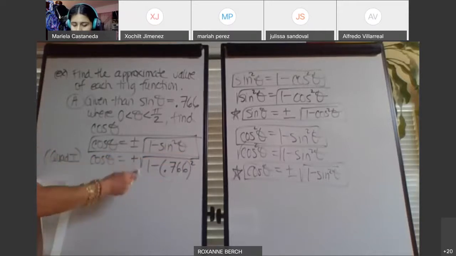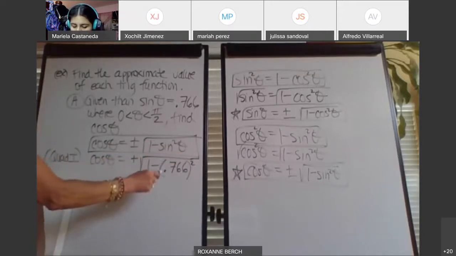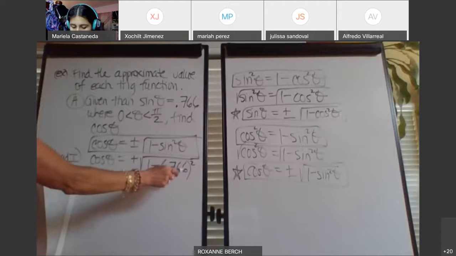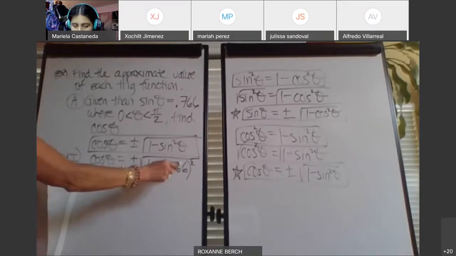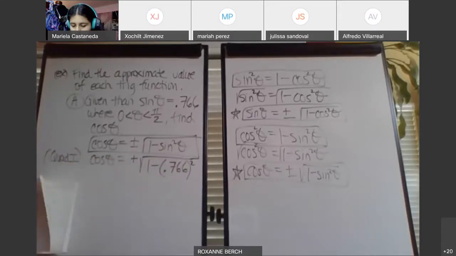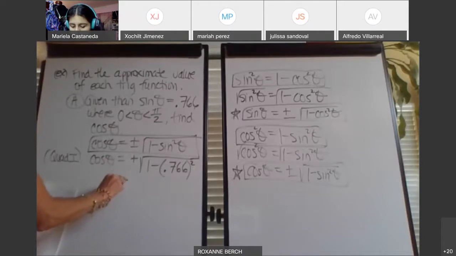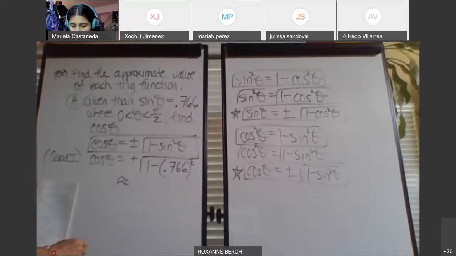Put in the square root of 1 minus parenthesis 0.766 quantity squared, and tell me what you get. Somebody.